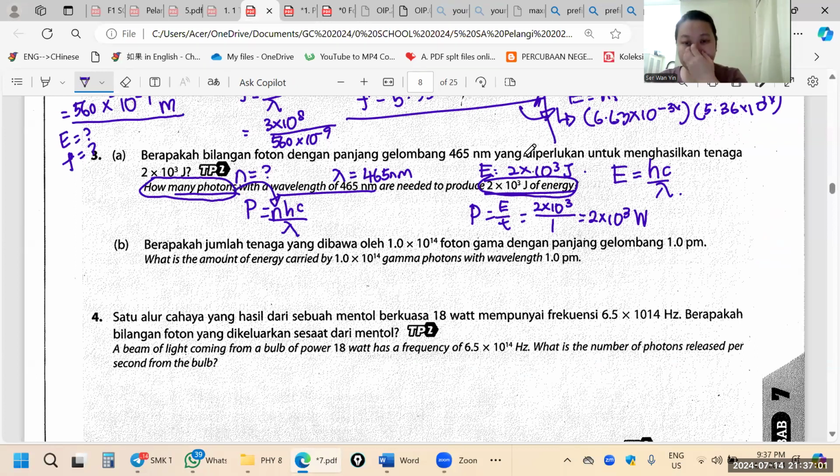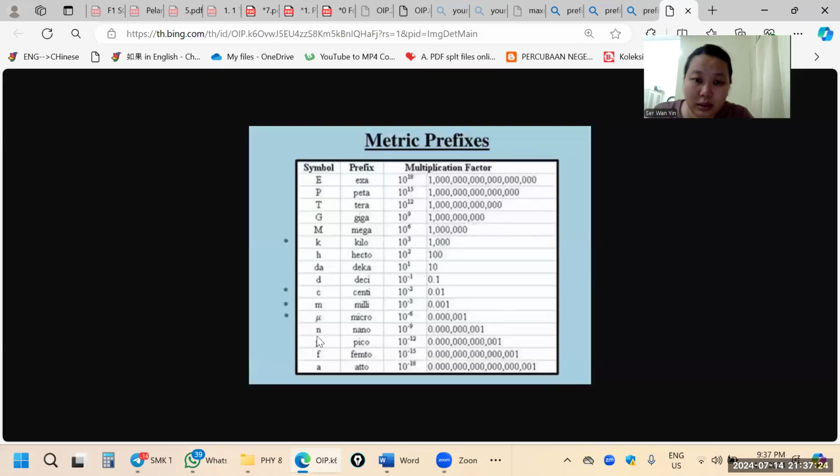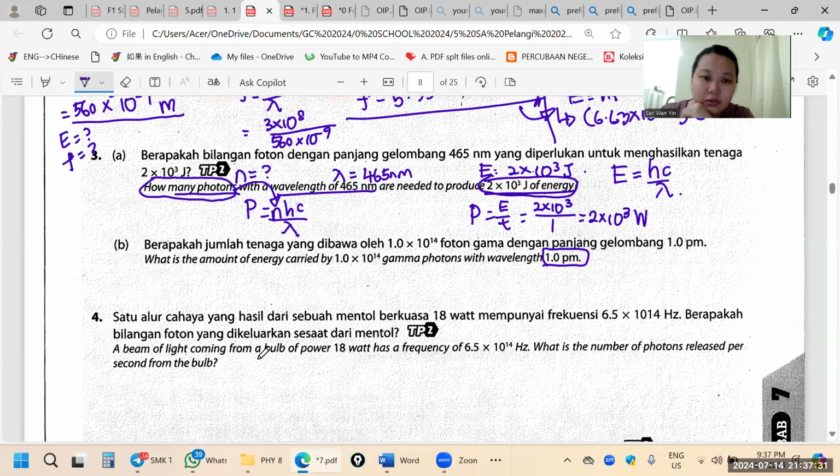Okay. Any other question? Okay, so now this one, wavelength 1.0 pm. Careful. P is pico, times 10 powers of negative 12.